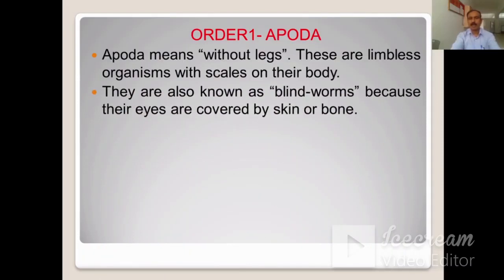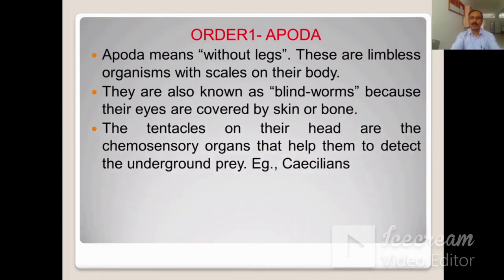They are also known as blind worms because their eyes are covered by skin or sometimes bones also. The tentacles present on their head are chemosensory organs, and they help them to detect underground prey. For example, Caecilians.